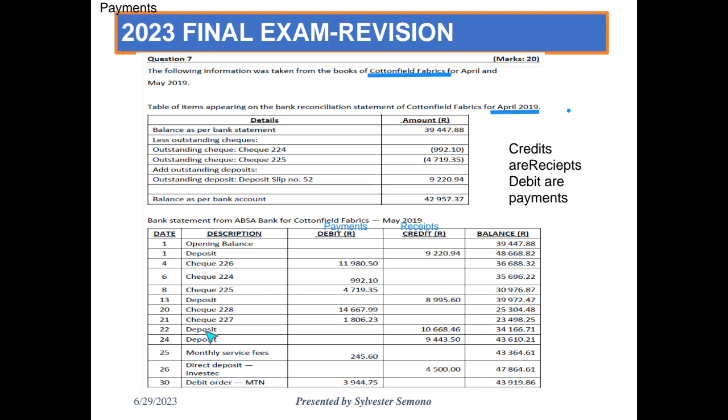Something that is not deposit, not check, not opening balance. Monthly service fees, sir. Monthly service fee, thank you so much. And where will I record this one? Let me type it. Yes, you can. Thank you.